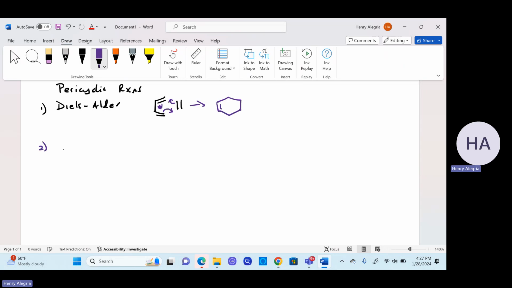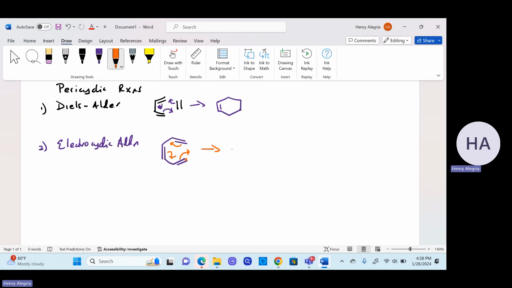Now, a second type of pericyclic reaction is what we refer to as electrocyclic addition. In an electrocyclic addition, this is the reaction that you're going to see occurring. This carbon takes the pi electrons, reaches over, and forms a bond. So these pi electrons move over, and these pi electrons move over.